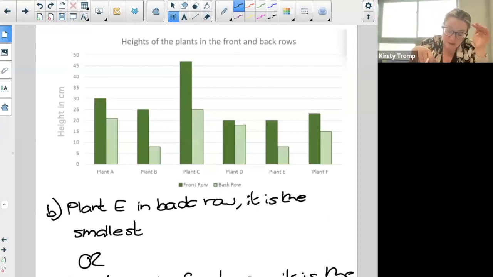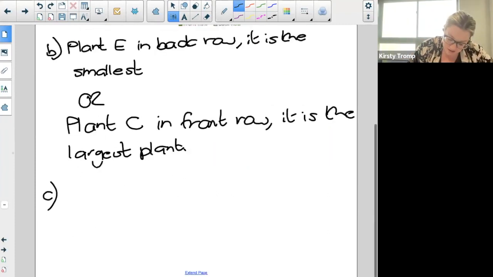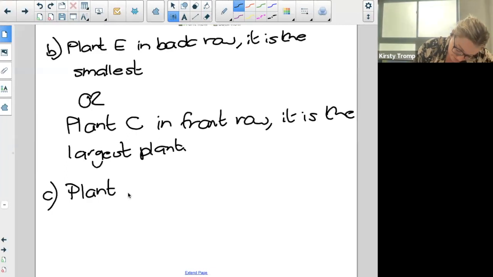Plant C, one's bigger than the other. What do I see about plant D? Did the sun have any effect on plant D? No, because whether it's in the front or the back, plant D grew the same. So plant D.